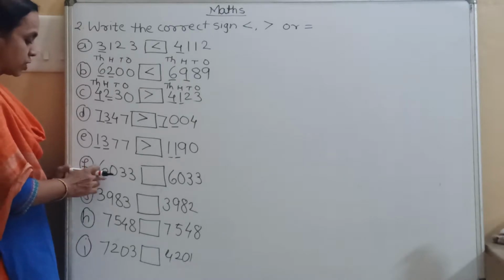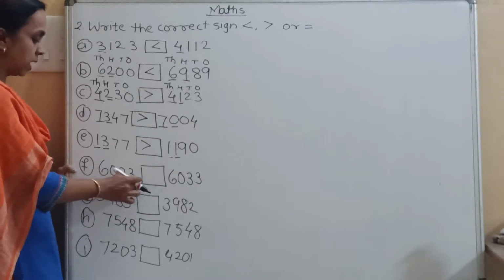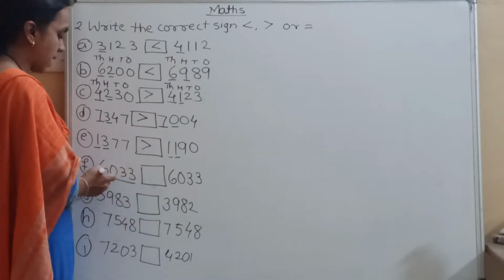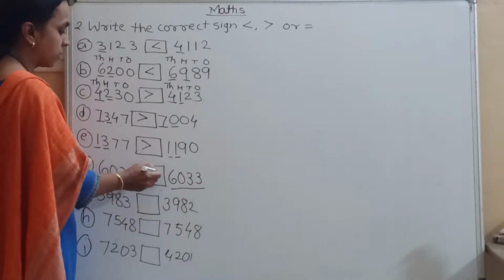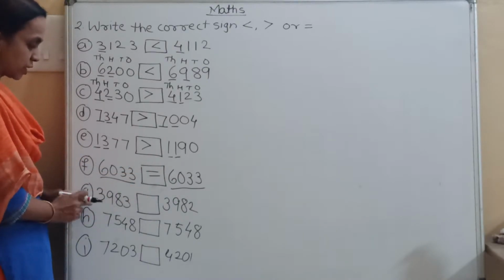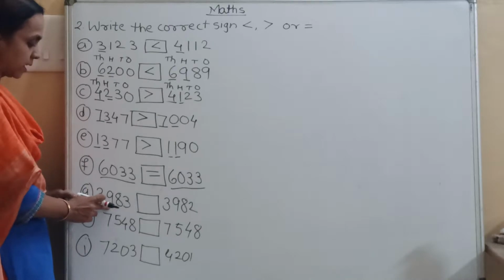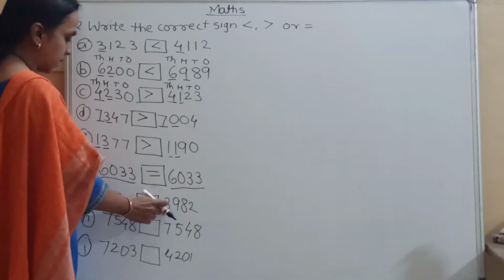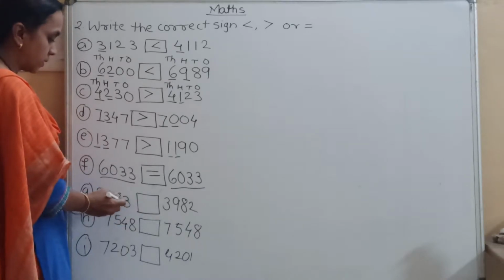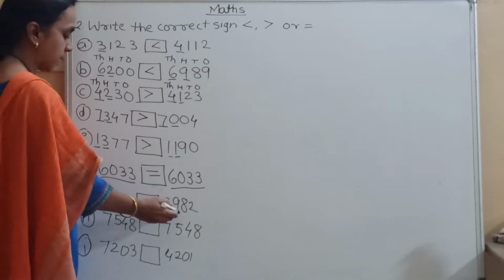Now see F question. 6033 and 6033. Both the numbers are equal, so we have to give the equal to sign here. Now see G question. 3983 and 3982. See, very simple. The thousands and hundreds place are the same here.